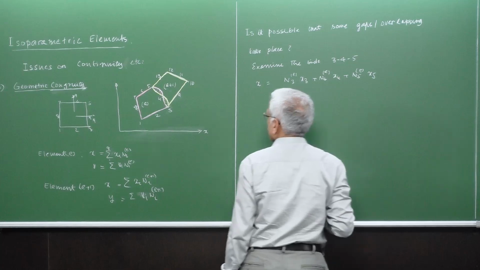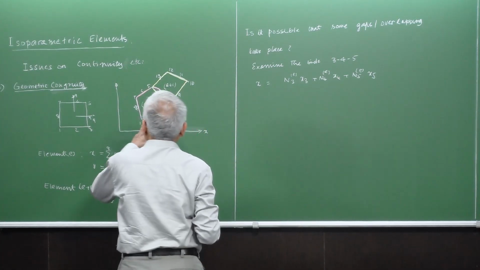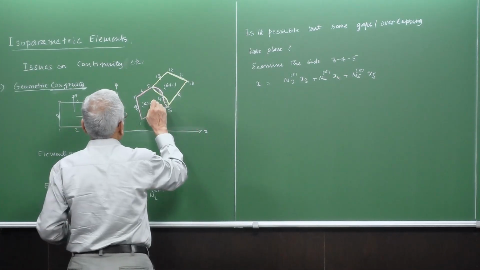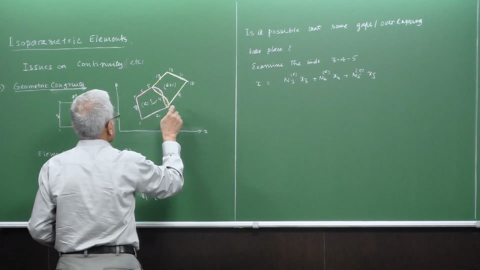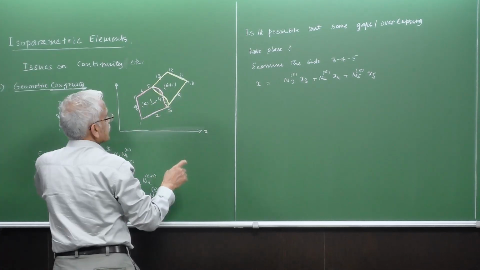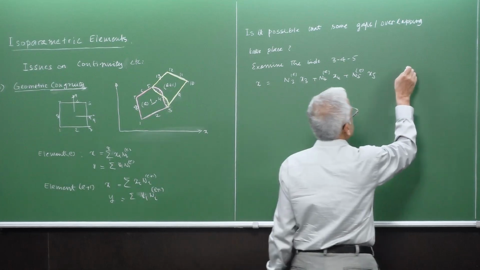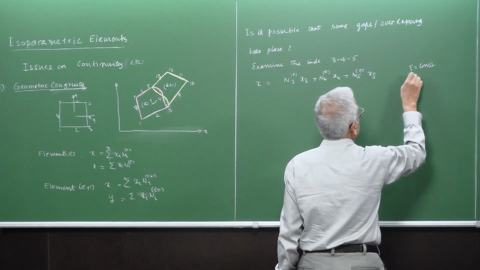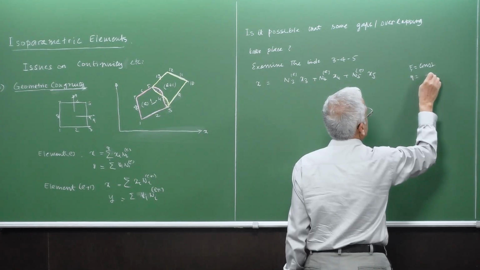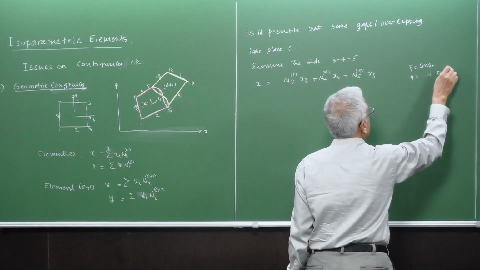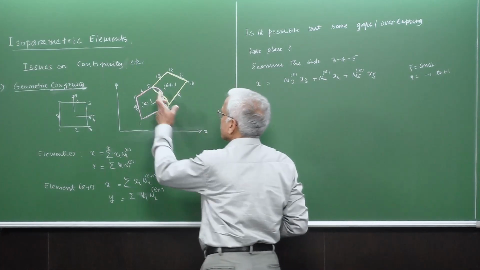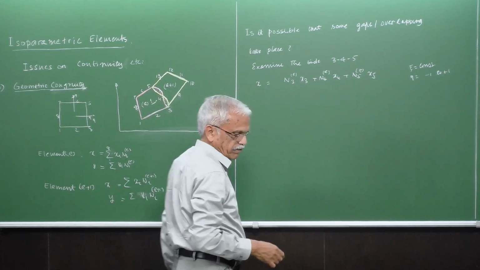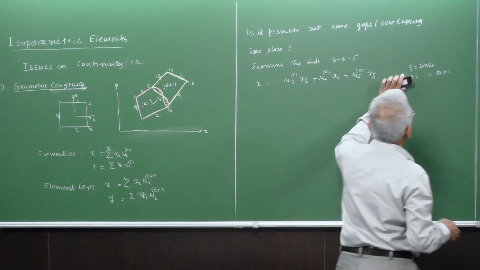So in this, I should mention that let us say this is xi, and this is also like this. So that means that xi is constant here, and eta goes from -1 to +1 as it goes 3, 4, 5, right?